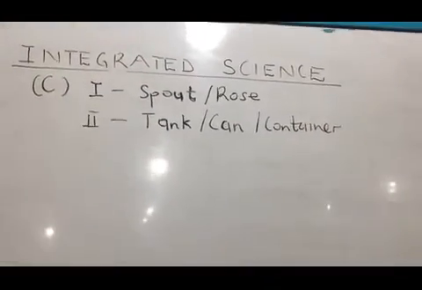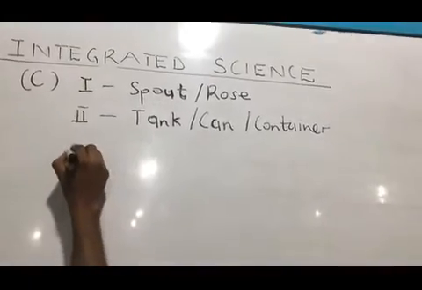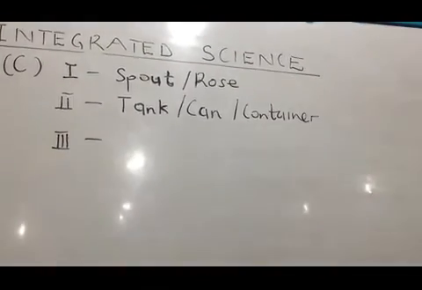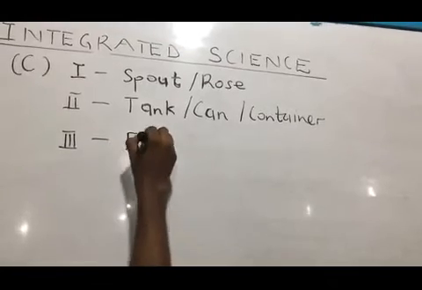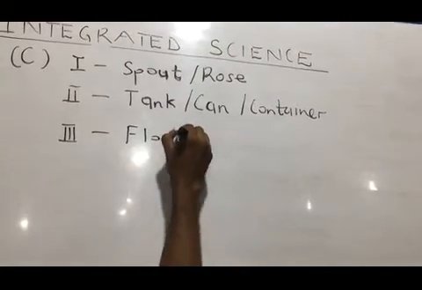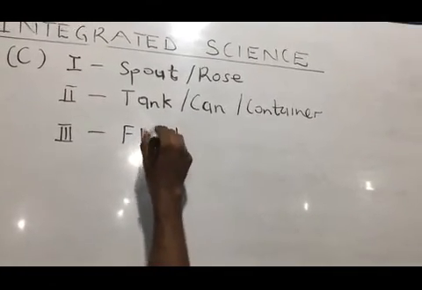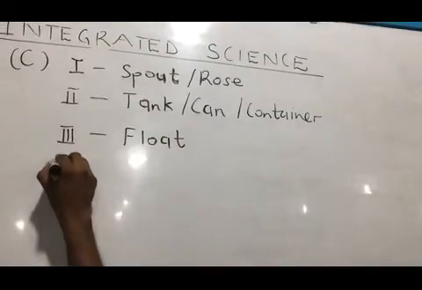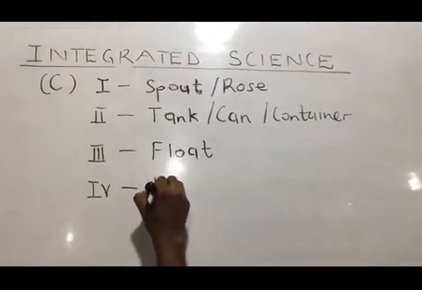And then when it comes to B, that is the hook and line. The part labeled III is the float. And then we have the IV as the hook.